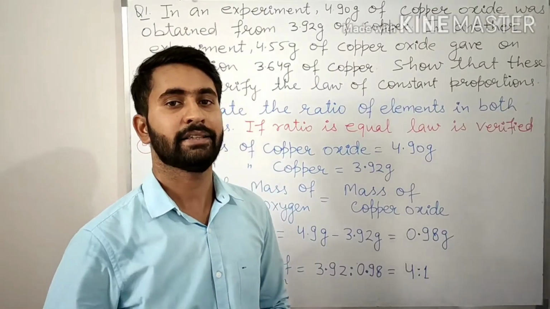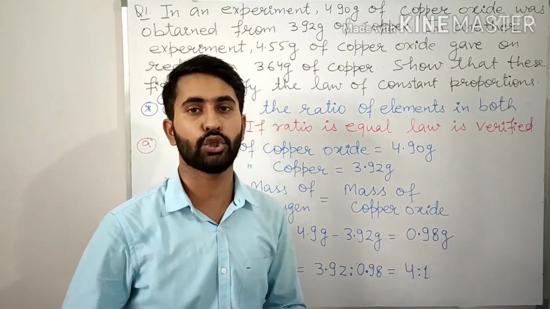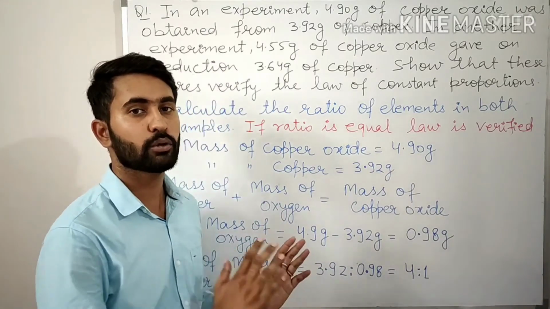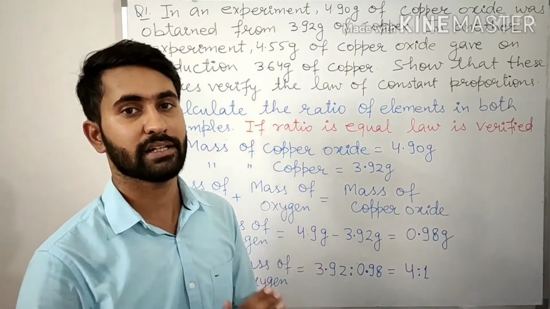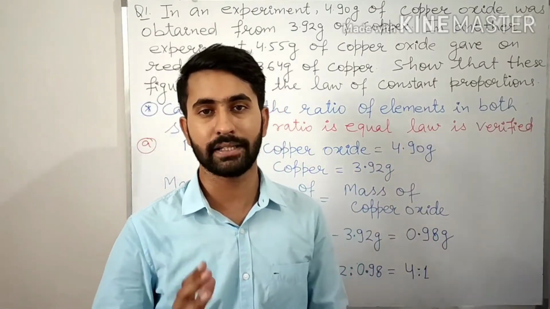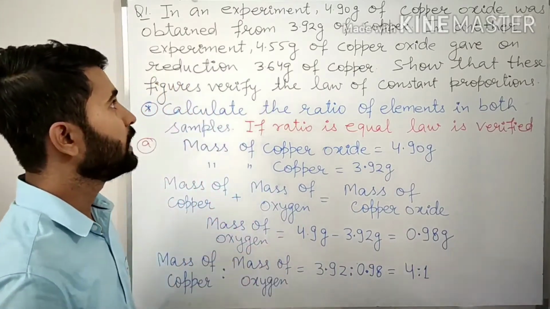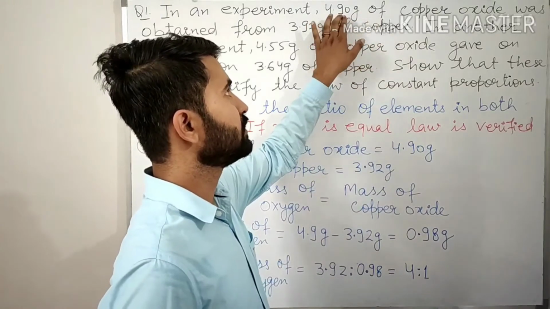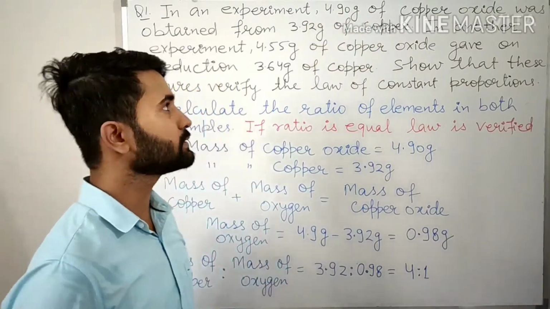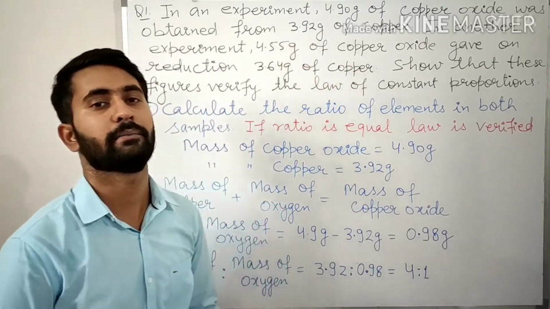We have to show that these figures verify the law of constant proportion. Basically in these types of questions, we have to calculate the ratio of elements in both the samples, and if the ratio comes out equal, then the law is verified. In the first experiment, the mass of the copper oxide is 4.90 grams and the mass of copper is 3.92 grams.